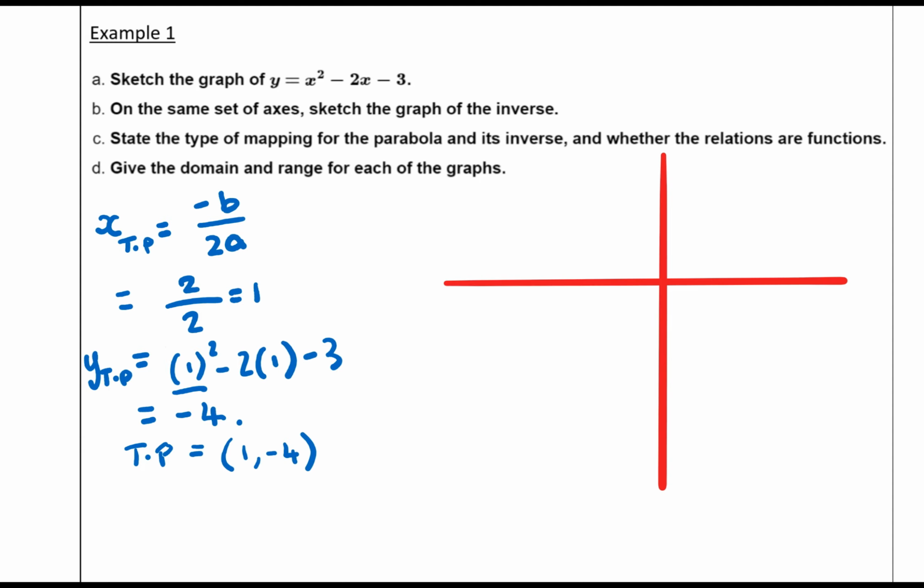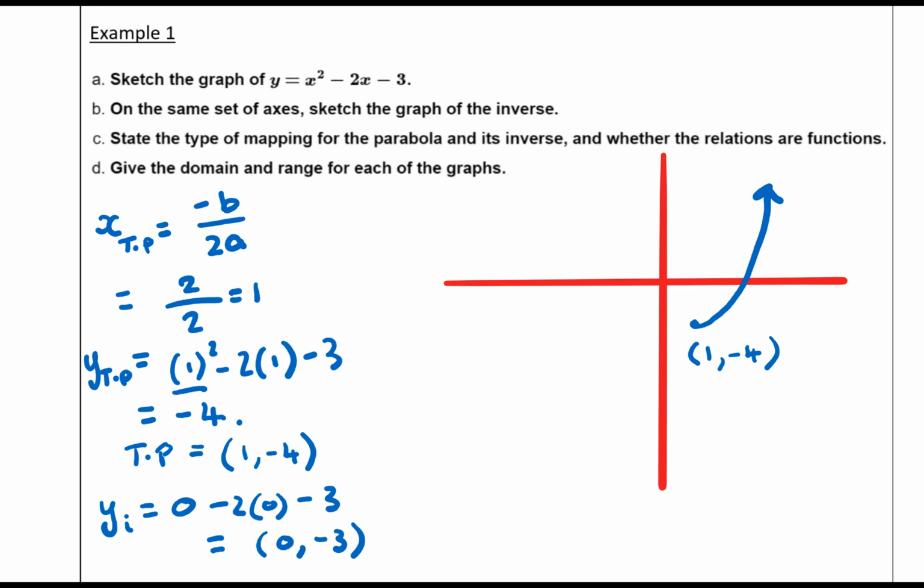To find the y-intercept, I just let x equal 0. So y-intercept is equal to 0, take away 2 times 0, minus 3. And that's just negative 3. So that gives me some indication of what my shape will look like. I've got a point here, 1, negative 4. It's a positive parabola.